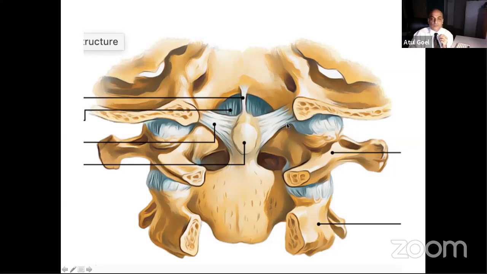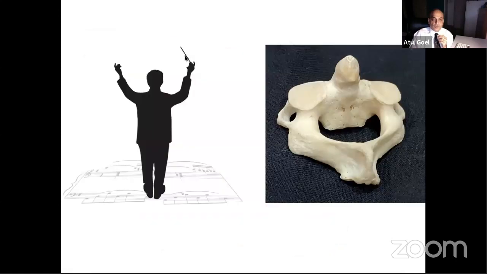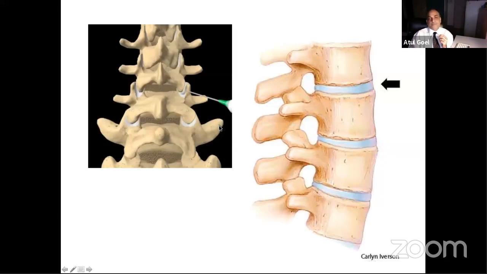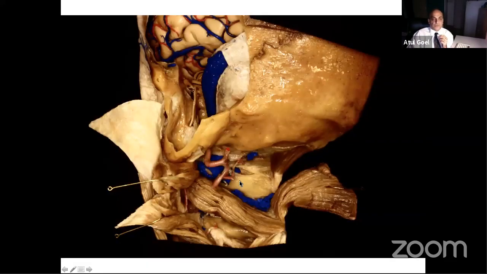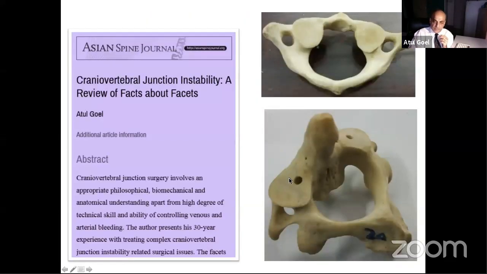These threads are like these kind of instruments which the opera conductor is holding. So there are various muscles attached behind, lateral, and this kind of. Basically, the activity is conducted at the region of the facetal articulation.